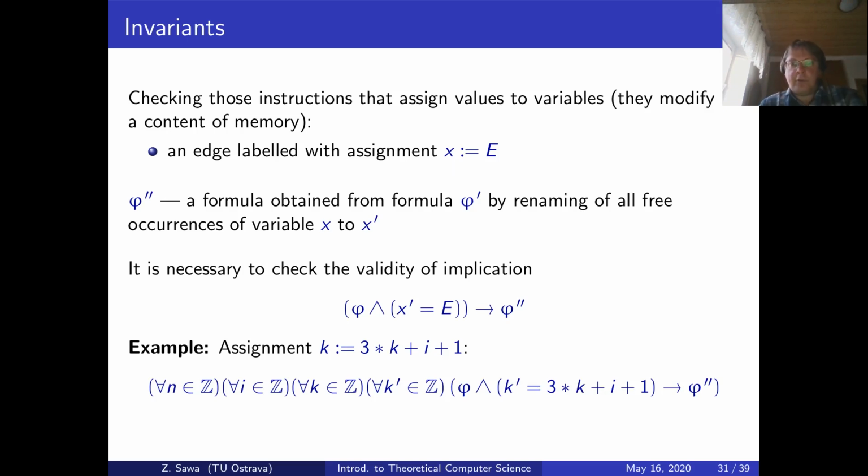We will not discuss all the details for all kinds of operations. So we will consider those assignments of the form where on the right hand side we have some arbitrary expression which is evaluated in the current configuration, and the computed value is assigned as a new value of some variable x.